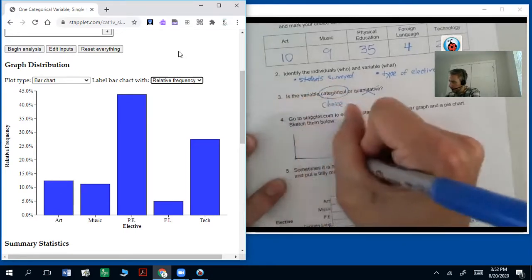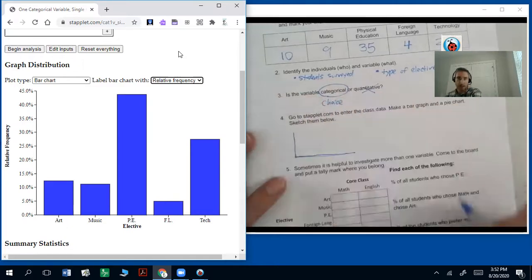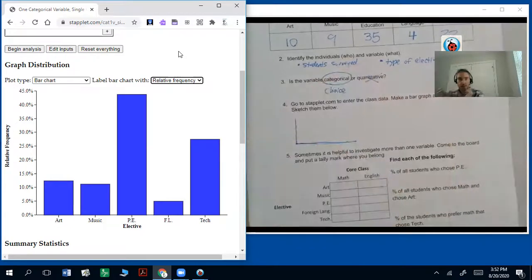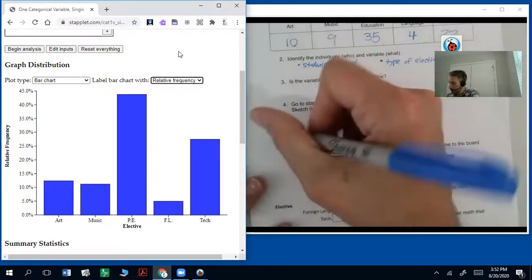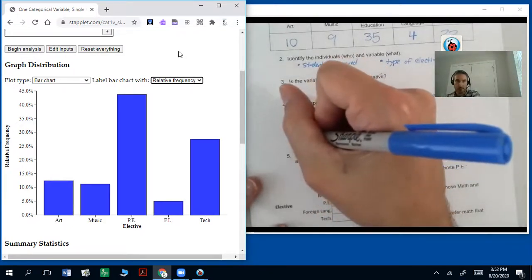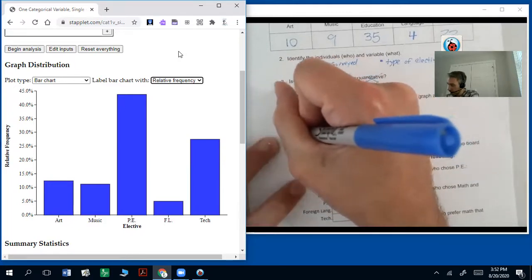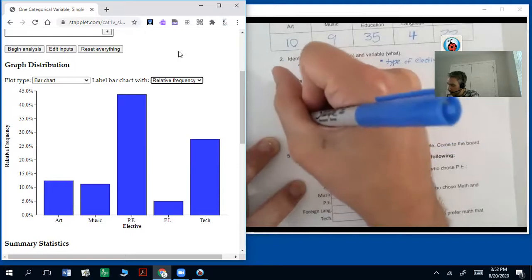Bar graphs, you want to label them correctly. I know there's not a lot of room on this page if you printed it out, but you want to be consistent with your width. And you want to be consistent with your labeling too. I do recommend counting by 5%: 5, 10, 15, 20.